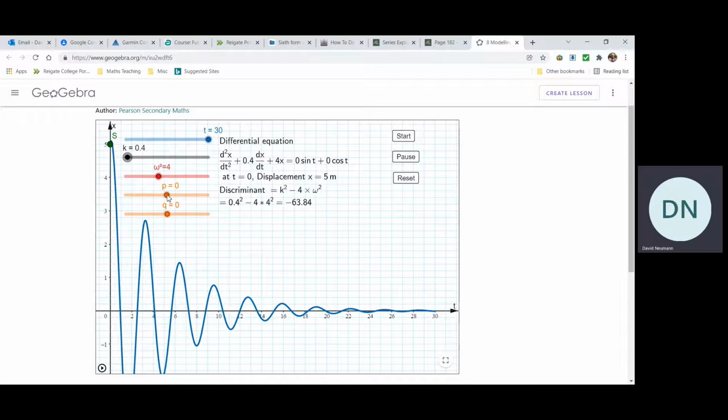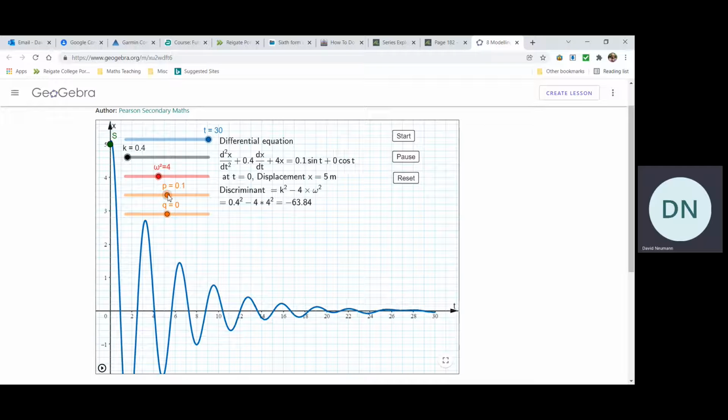So let's just have a look and see what happens if I change one of these. Remember that we're still leaving this discriminant as negative. So our homogeneous equation, or the left-hand side of this, there's no changes to the solutions to that.